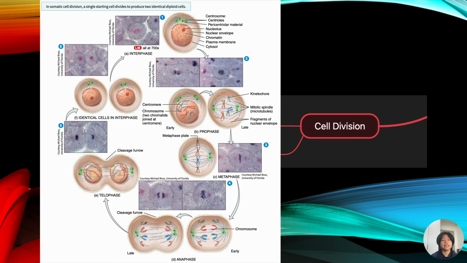And then in telophase, the movement of our chromosomes stops. They're already pulled to the respective ends of the cell, and a nuclear envelope is starting to form. Our nucleoli are reappearing, and our DNA, originally in its condensed form in chromosomes, starts to dissociate.